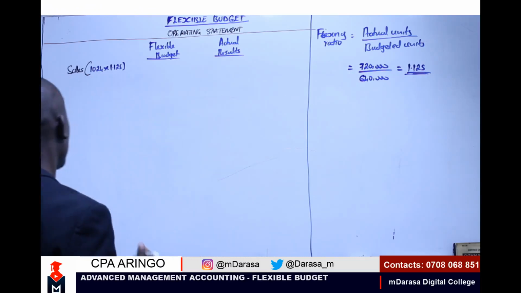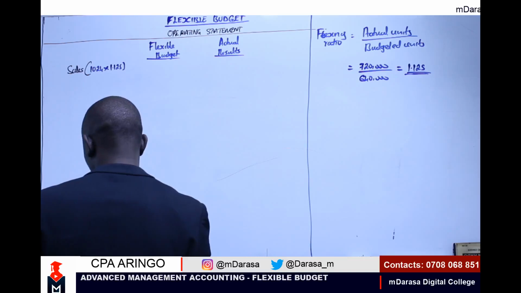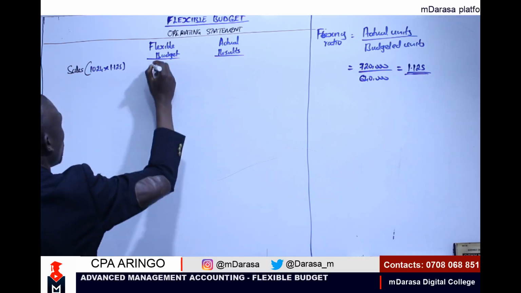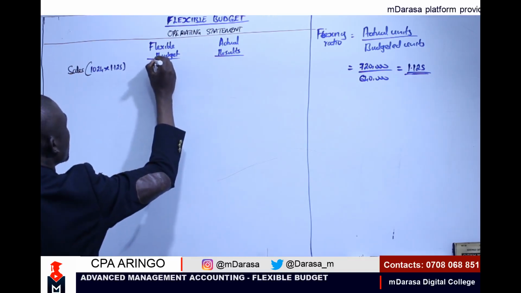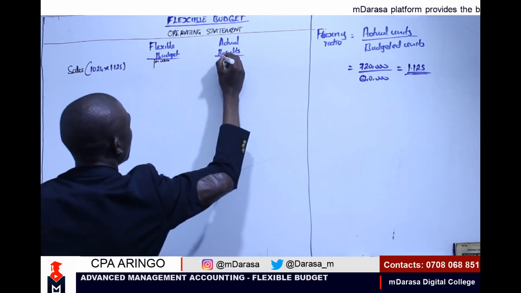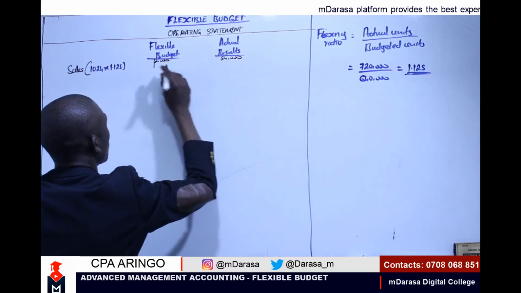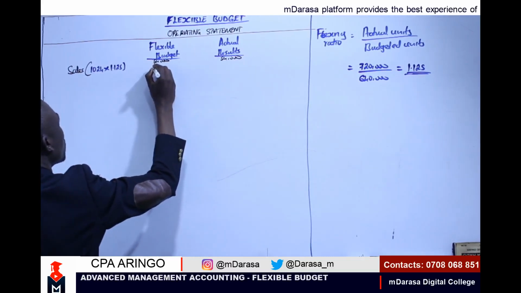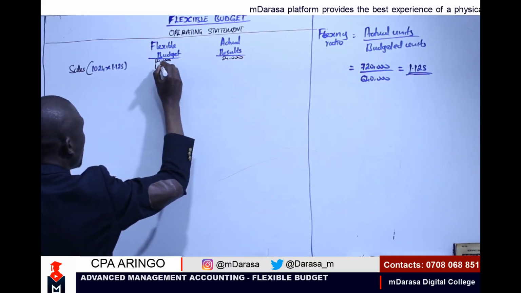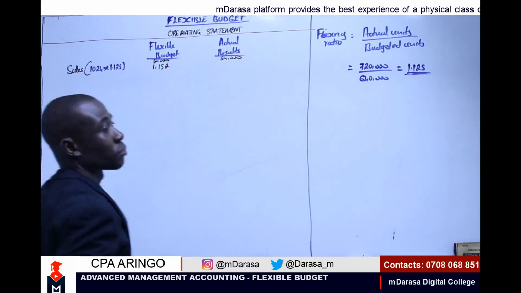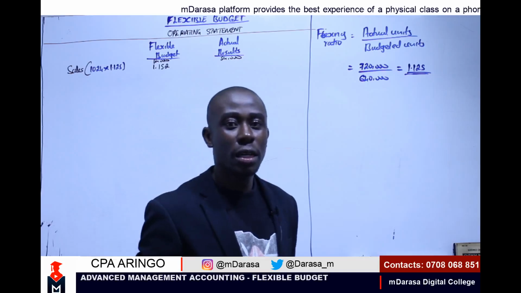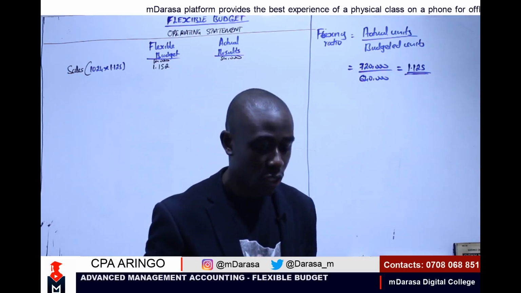So 1024 times 1.125 gives me 1,152,000. Remember, our figures here are in thousands. That is our flexible data in regard to sales.